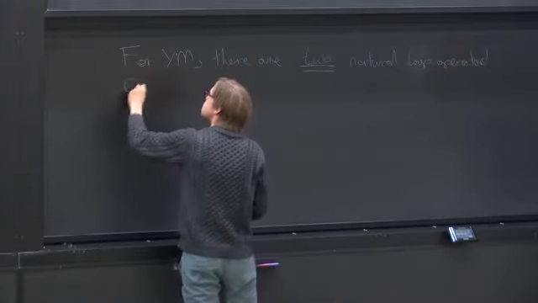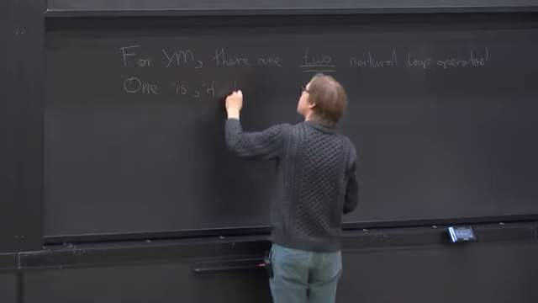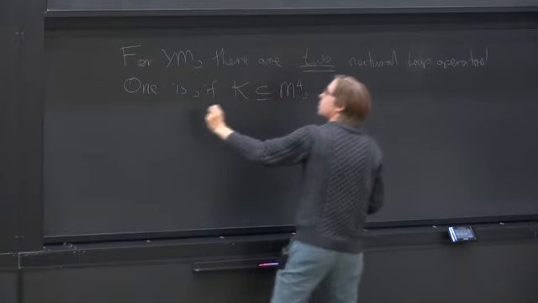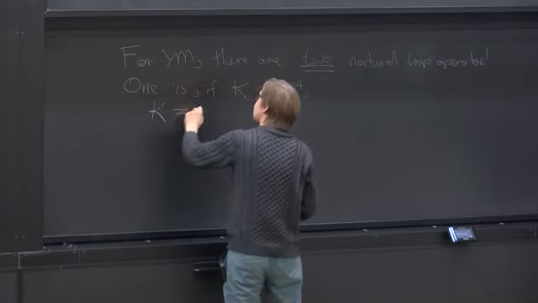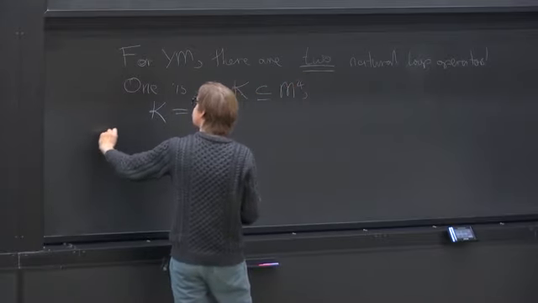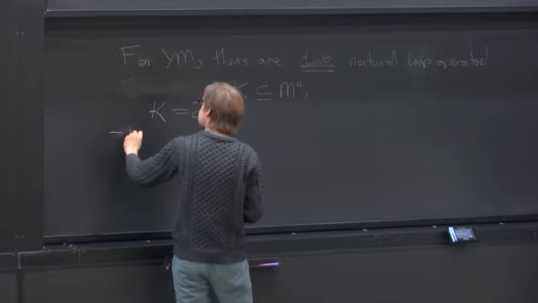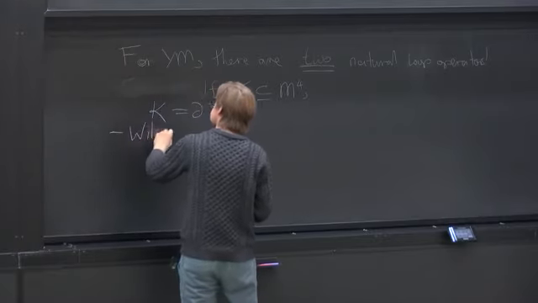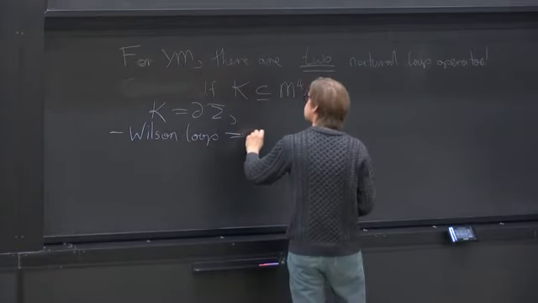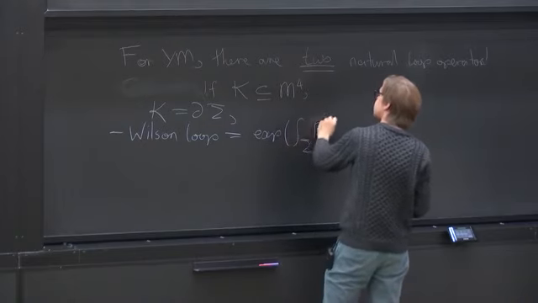So one is, if K is a region in a 4-manifold, we choose K to be the boundary of sigma. And then we define the Wilson loop to be the exponential of the integral of sigma of the curvature.